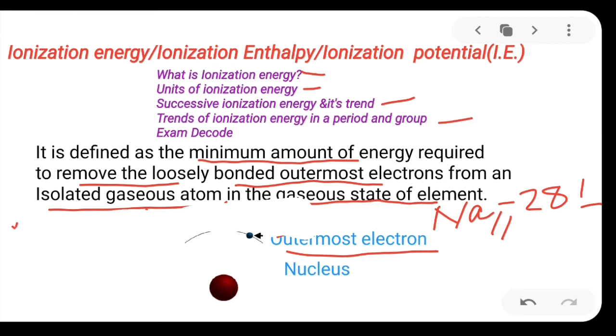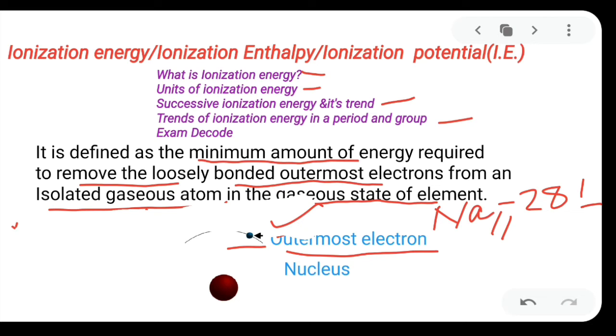So the amount of energy required to remove this one outermost electron is known as your ionization energy or ionization enthalpy or ionization potential. The minimum amount of energy we need to remove the single electron present in the outermost cell of the sodium is known as its ionization energy.